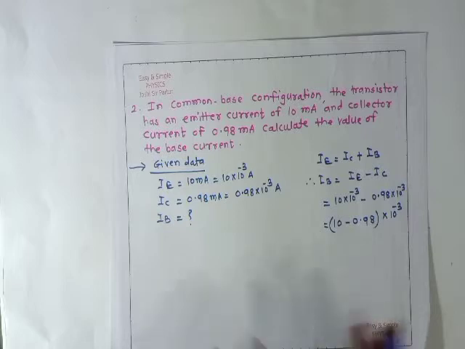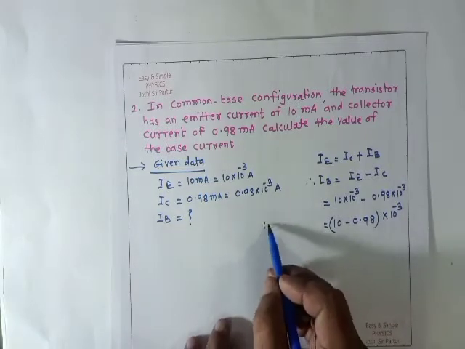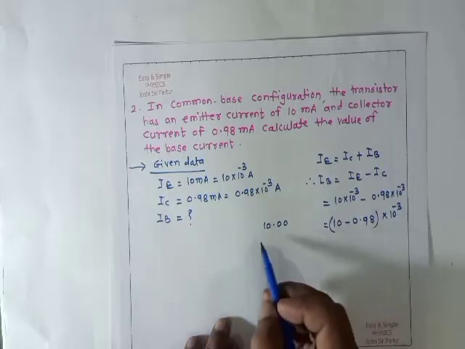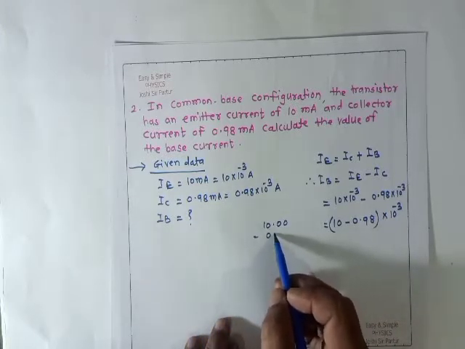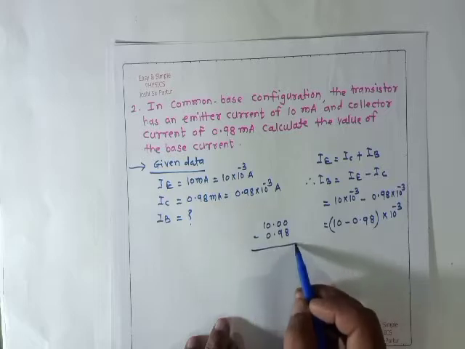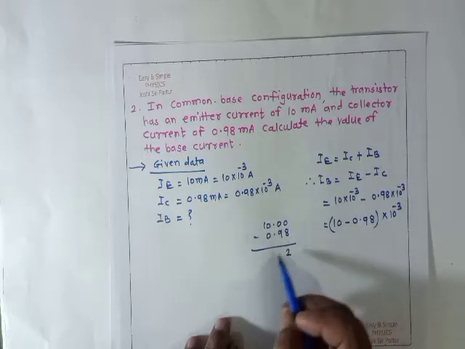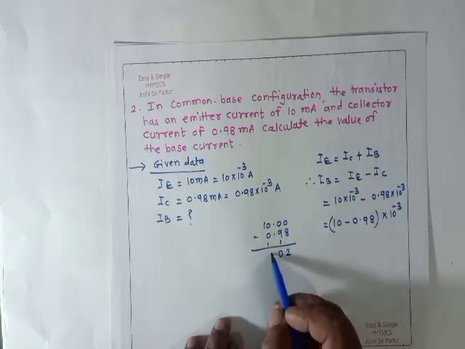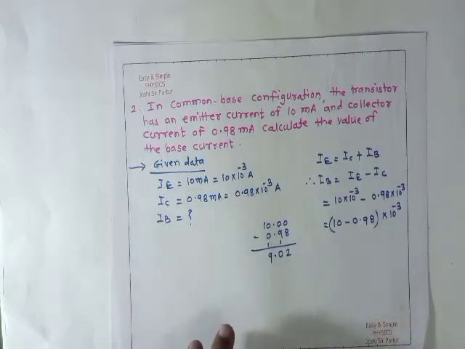If we subtract 10.00 minus 0.98, what happened? So here 2 will be remaining, 0 will be remaining, 9 will be remaining. So that is 9.02.